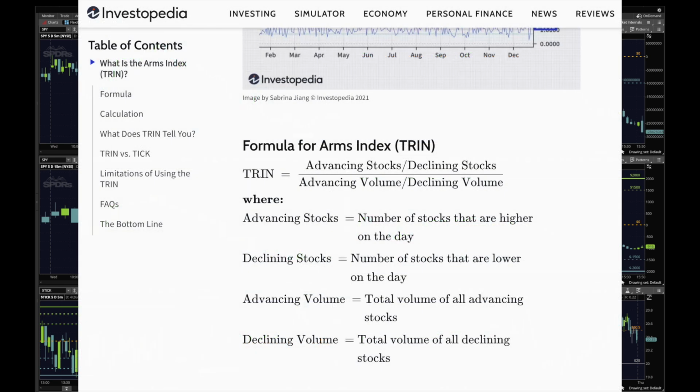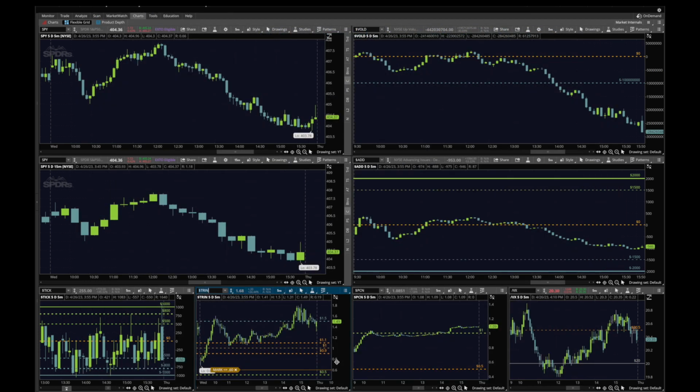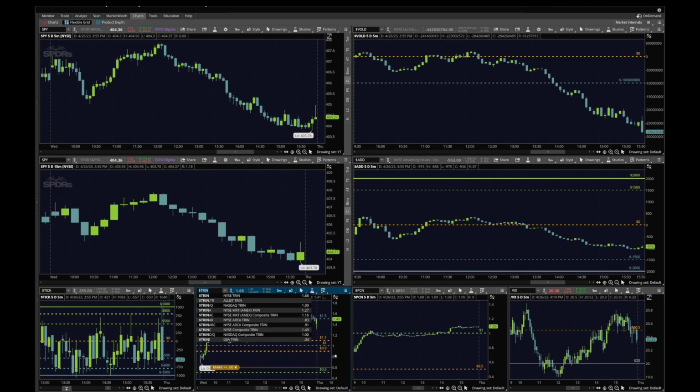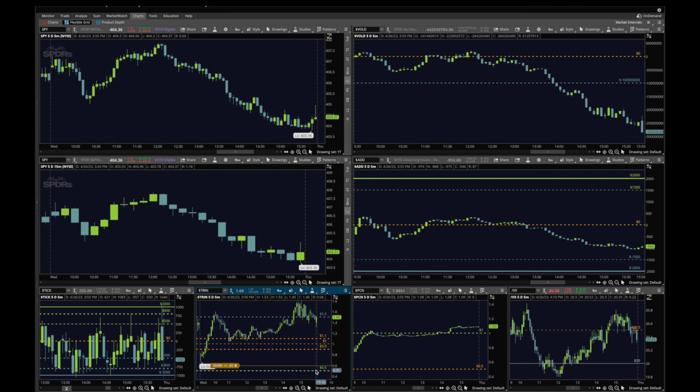Main calculation is advancing stocks divided by declining stocks, and then all of that divided by the advancing volume divided by declining volume. Overall, price divided by volume. And it has a couple of key levels on it, and these are an absolute must to chart if you're going to use this: the 0.5 and the 1.5.